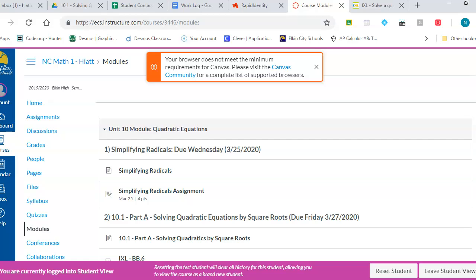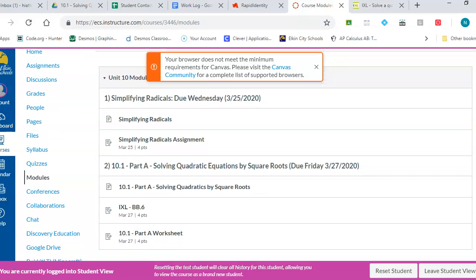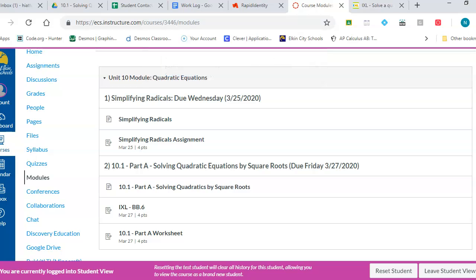So if you're on the module for this section, you're going to see the 10.1 Part A worksheet.